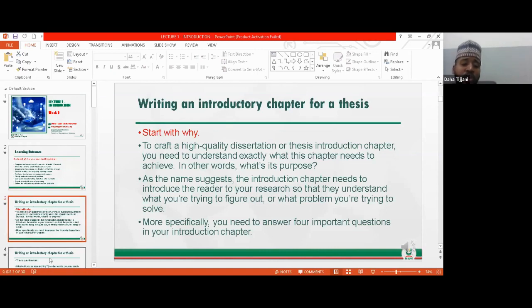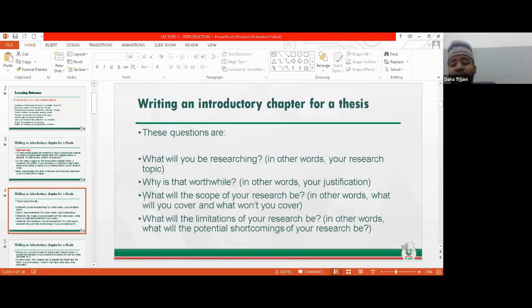So these 4 things that you should put into consideration are: 1, what will you be researching? In other words, of course, it's your research topic which we discussed last week. 2, why is it worthwhile? Why do you need to research it? You need to justify why you are researching that topic in your introduction chapter.